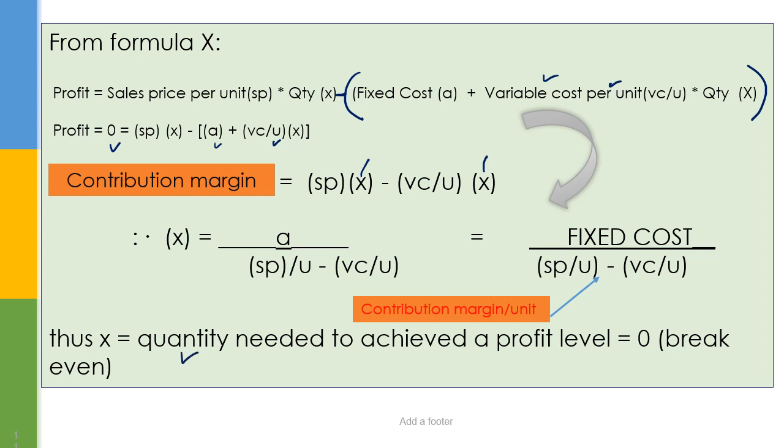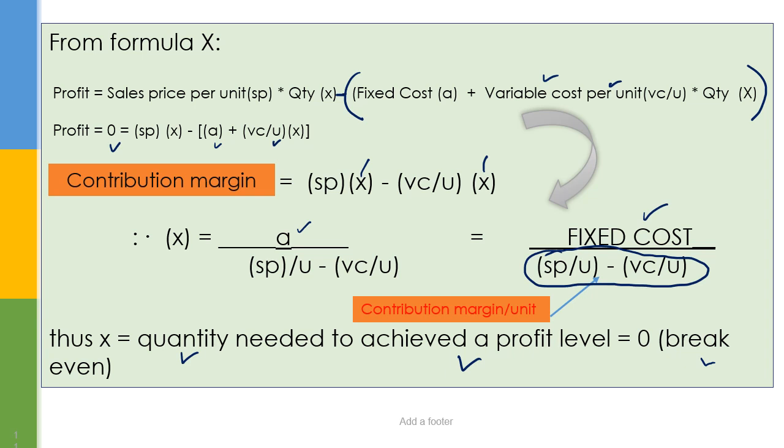X is the quantity needed to achieve a profit level equal to 0, also known as the break-even level. So X is equal to the fixed cost divided by sales price per unit minus variable cost per unit. This thing is also known as the contribution margin per unit.